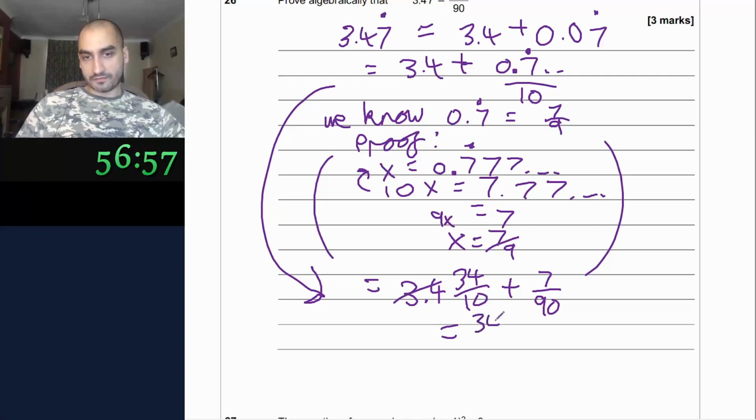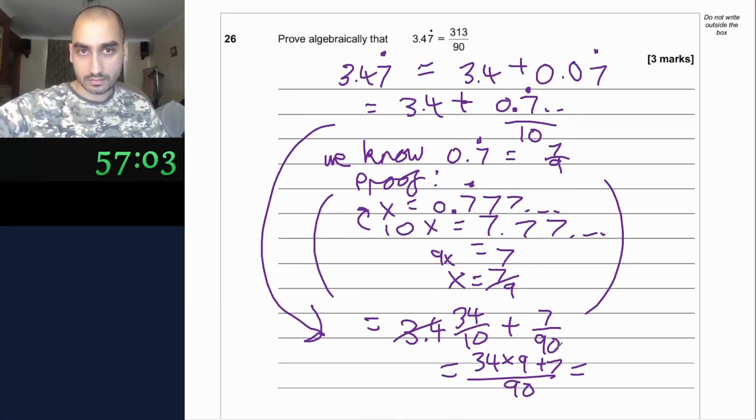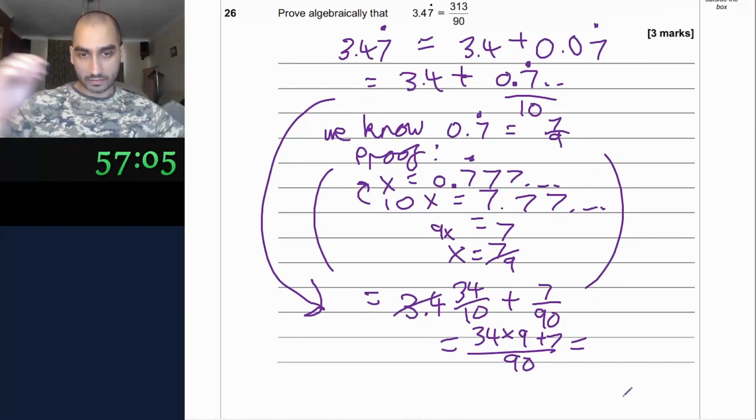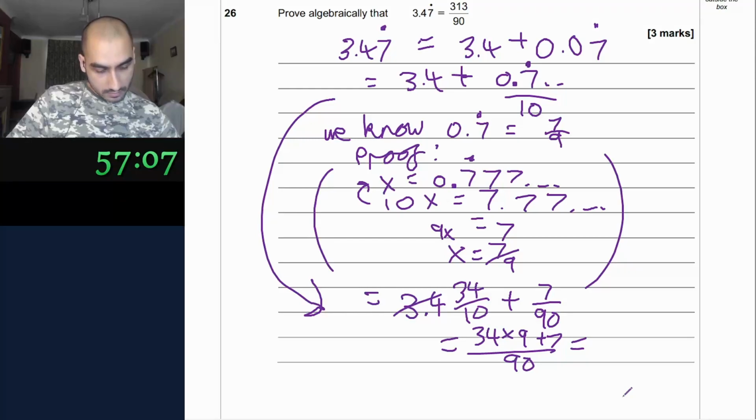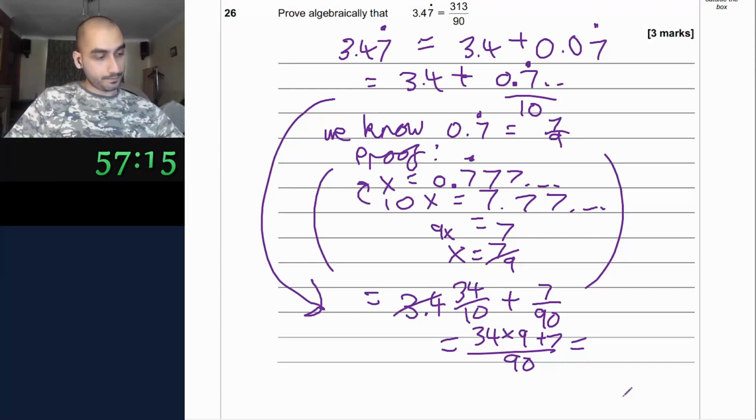Equals 34 times 9 plus 7 over 90, equals hopefully 313. It's 34 times 9, 306, plus 7, 313. Yeah.